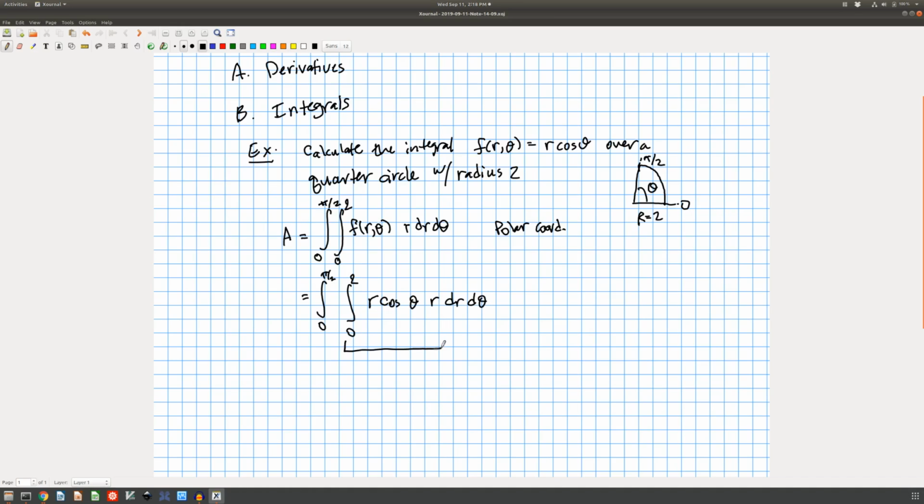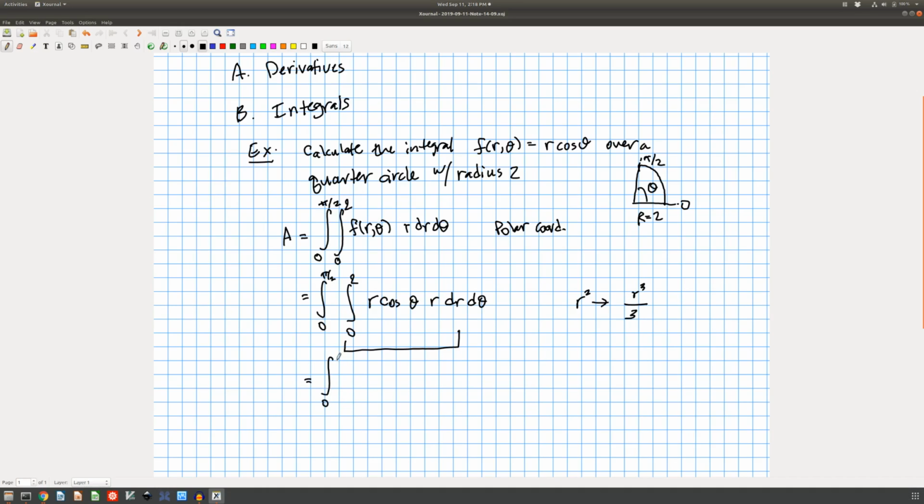Okay, so the first thing I do is this first integral on the inside. So notice r times r gives me an r squared. Cosine theta doesn't depend on that, so I'm really doing the integral of r squared cosine theta. So r squared, the antiderivative is r cubed over 3.